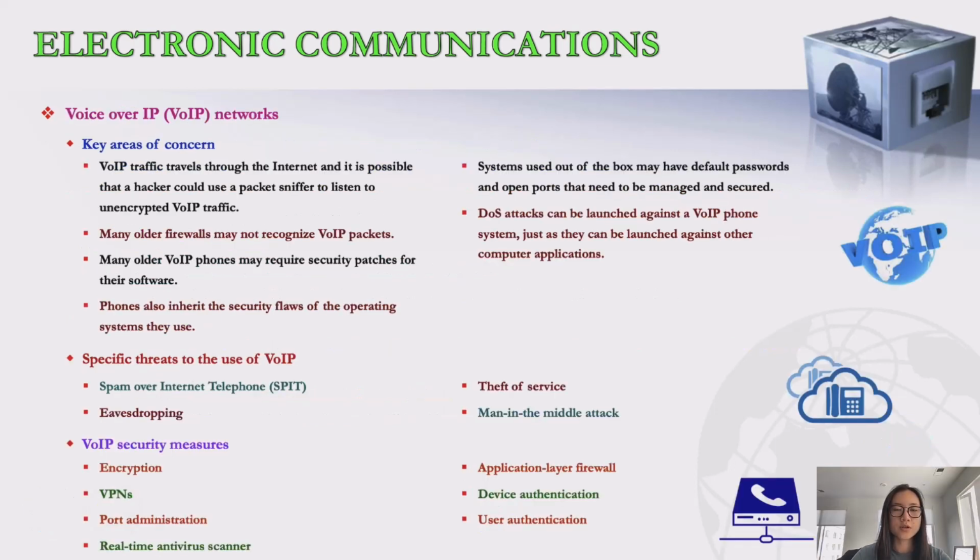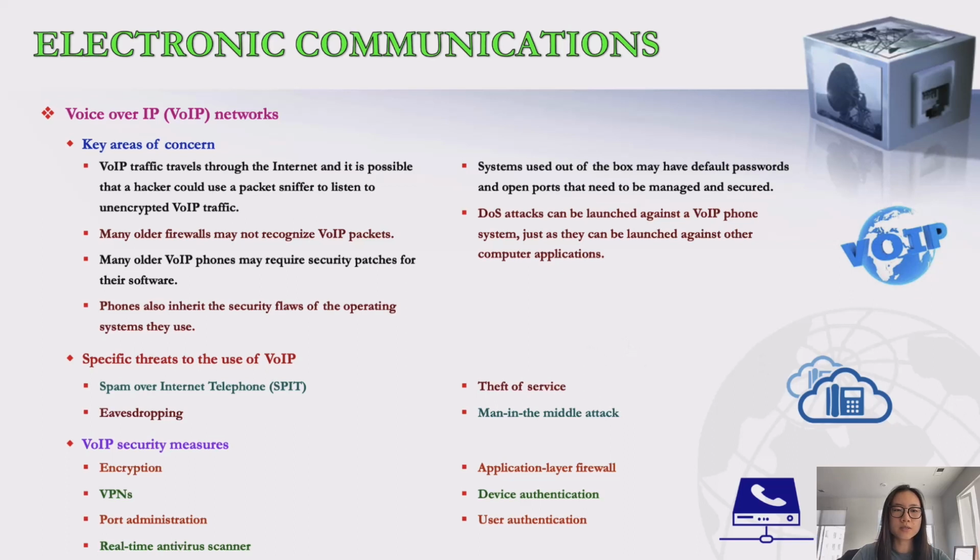The third electronic communication that needs security attention from the enterprise is voice over IP networks. As voice over IP network becomes mainstream, a number of security issues must be understood and addressed, and the following list here on this slide shows the key areas of concern.